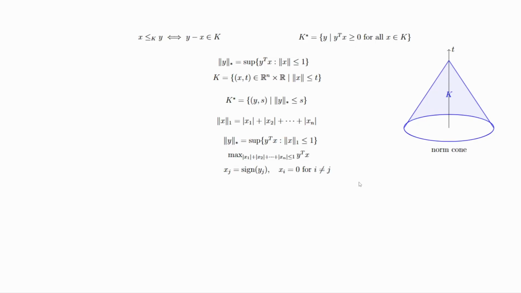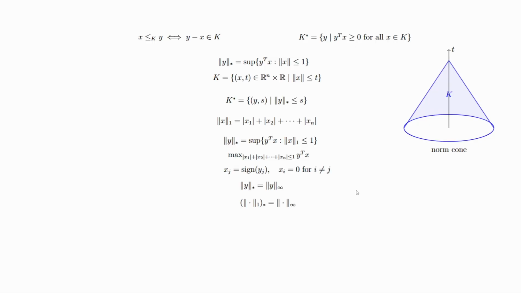So what this means is that when we take the dot product now, y transpose x, where x is simply just the sign of yj with everything else being 0, then the dot product is equal to the maximum of the absolute value of yi, but the maximum of yi is simply just the infinity norm.